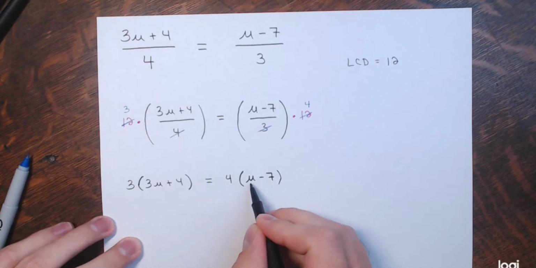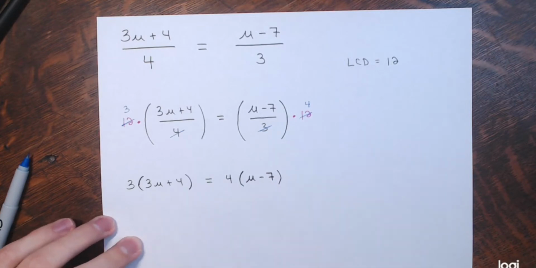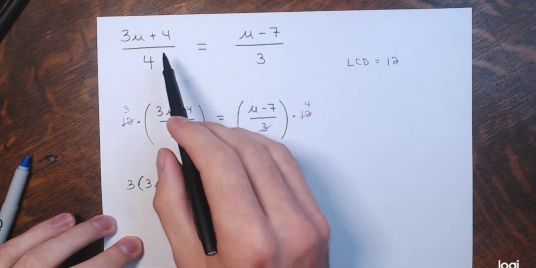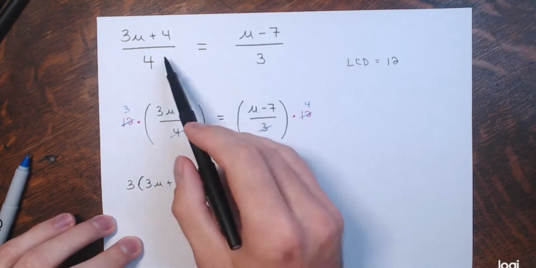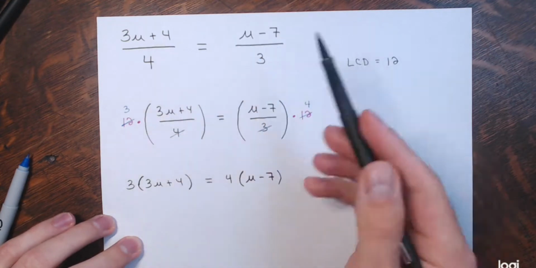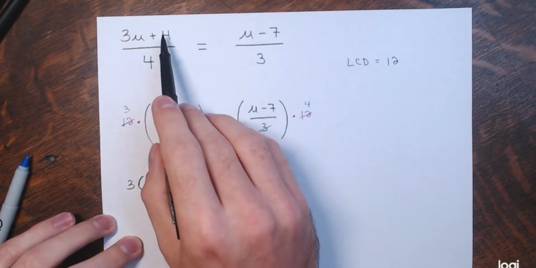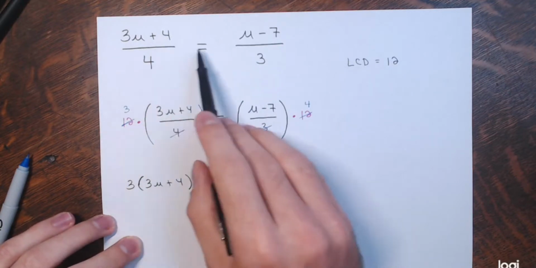Not just 4 times u, but 4 times all of u minus 7. Now you may have seen cross products before for proportions, means and extremes. These are the means, these are the extremes, whatever. These are just the cross products: 3 times the quantity 3u plus 4, 4 times the quantity u minus 7.